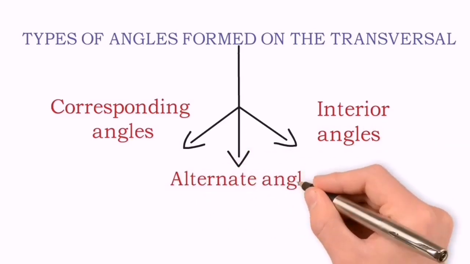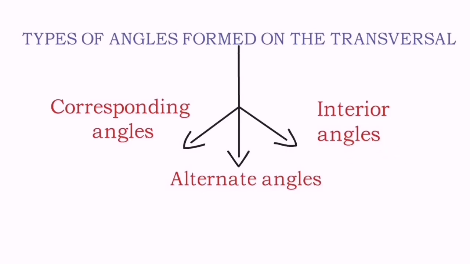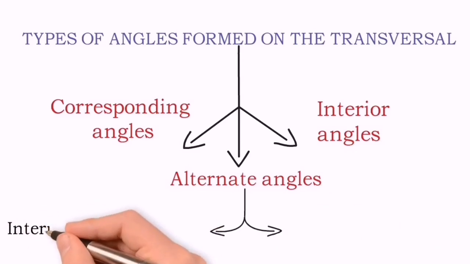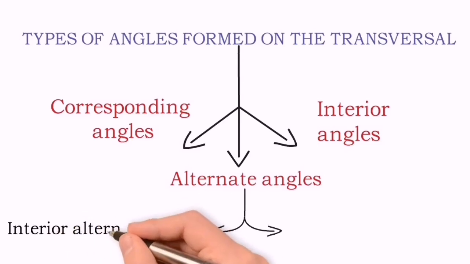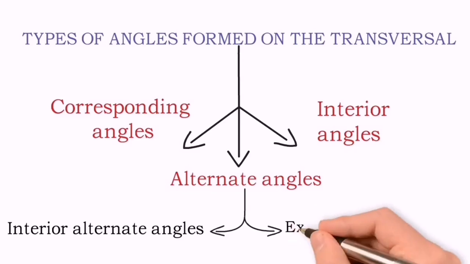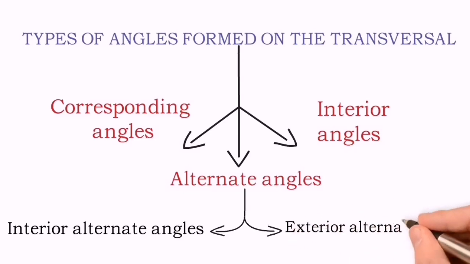And the third one is alternate angles. These alternate angles are further divided into two parts. The first one is interior alternate angles, and the other one is exterior alternate angles. The word interior suggests that these alternate angles will be in between the two lines. Keep it in mind, in between two lines.